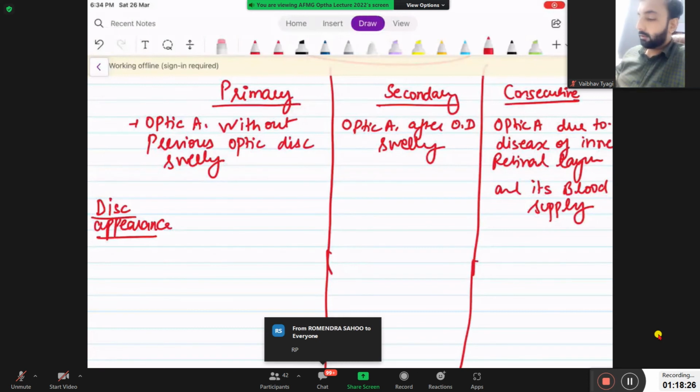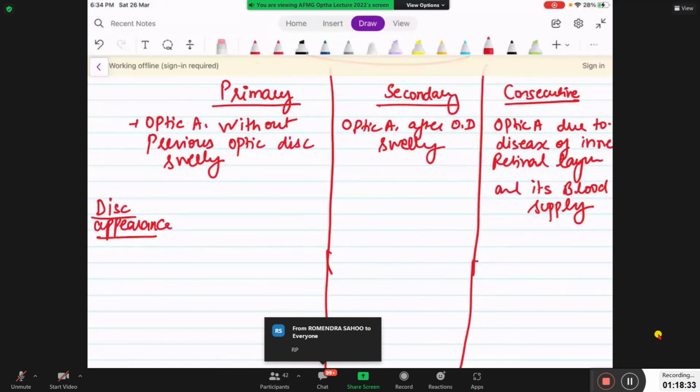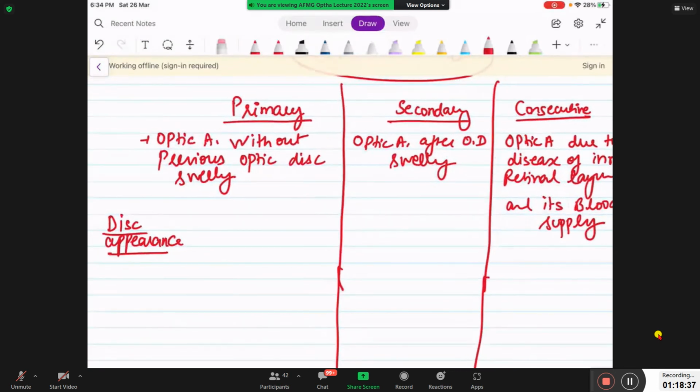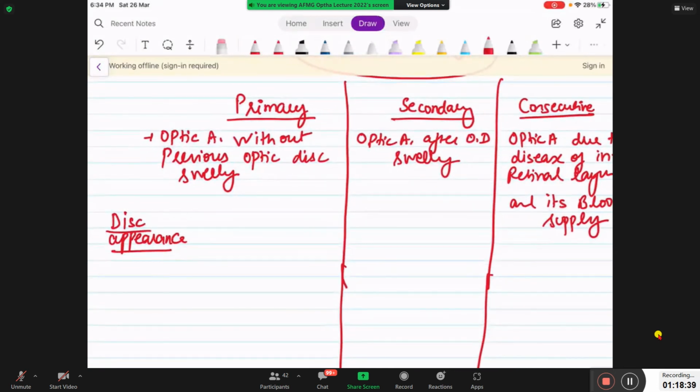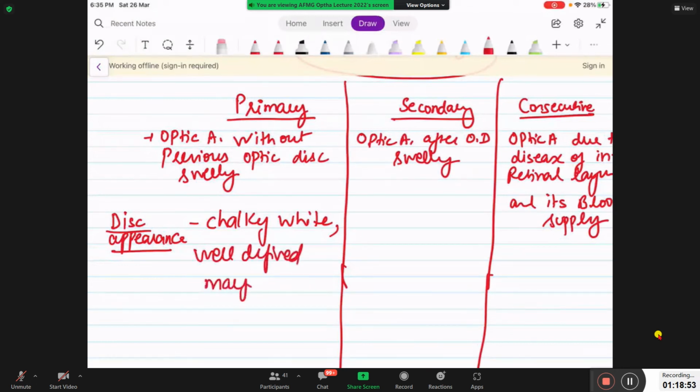RP, right. Retinitis pigmentosa. Yes, good. Talking about disc appearance, in primary you will get a chalky white optic disc with well-defined margins. This is very important.